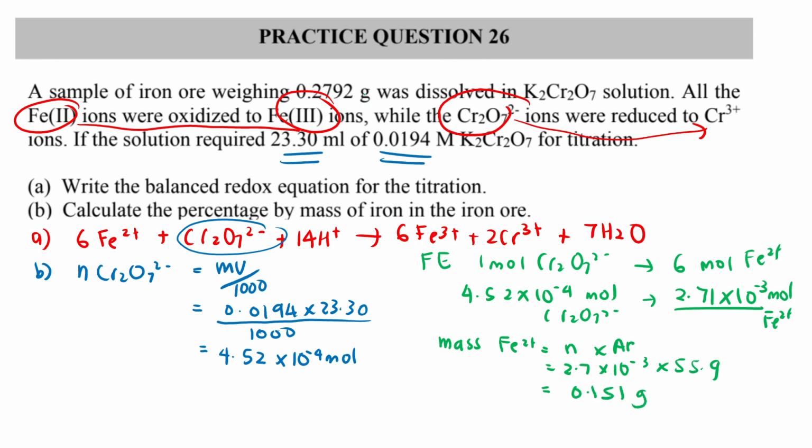Okay, they gave a sample containing the iron mixture of 0.2792. So calculate the percentage for iron: 0.151 divided by 0.2792 times 100%, which is 54.08%.